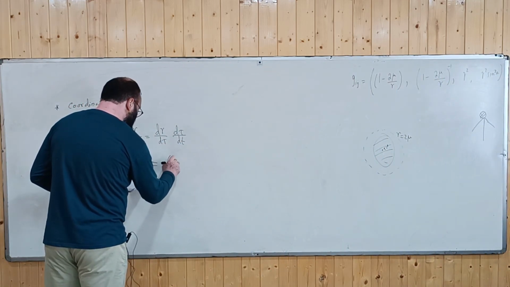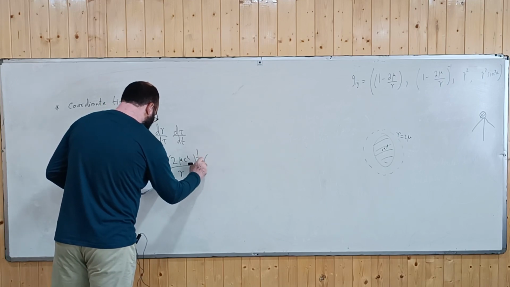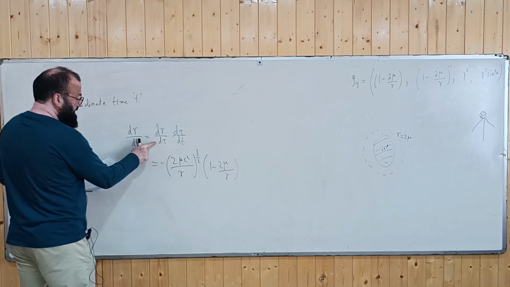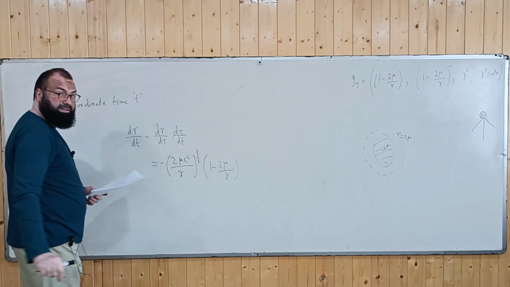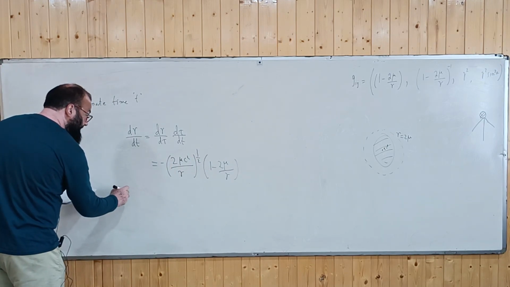It's minus root of twice mu c square by r, and 1 minus twice mu by r. So this object is this thing, d tau by dt like this. So now you can integrate.